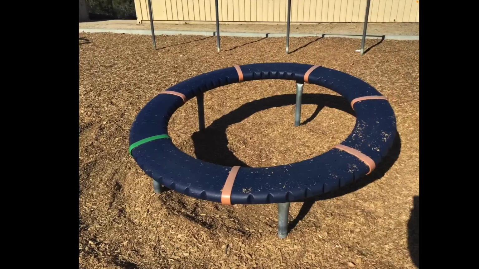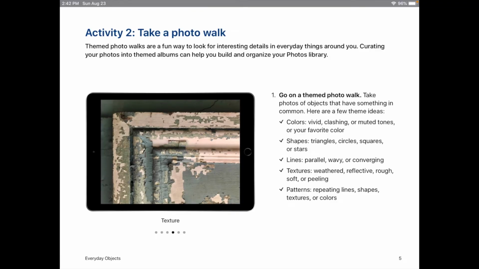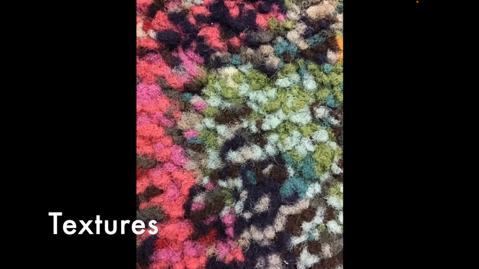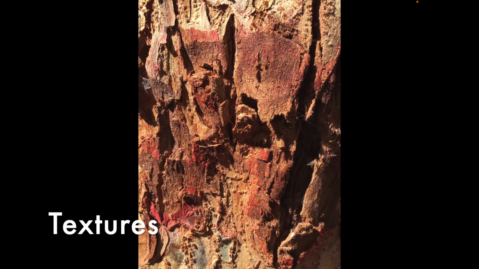or squares. Now, a fourth element that you want to look for is textures. Textures are generally images where, when you look at the image, you know that if you touch that particular object, it probably wouldn't feel like an iPad screen.